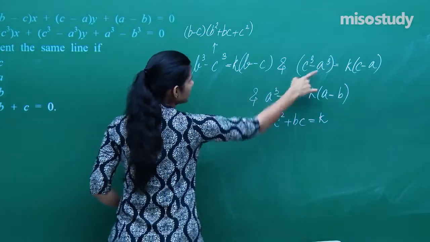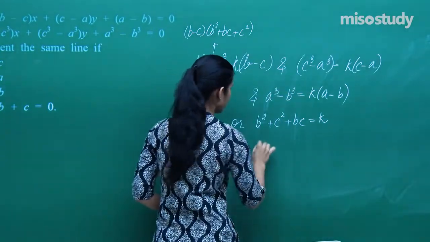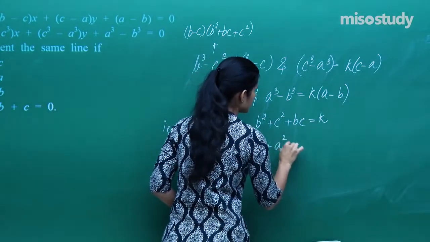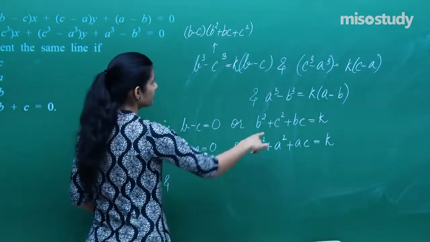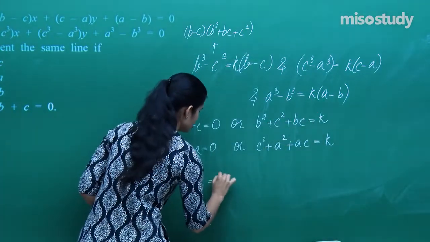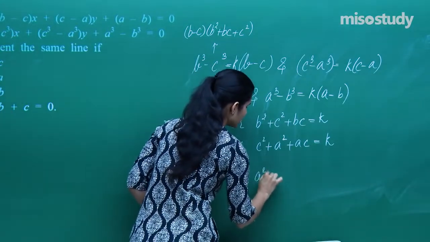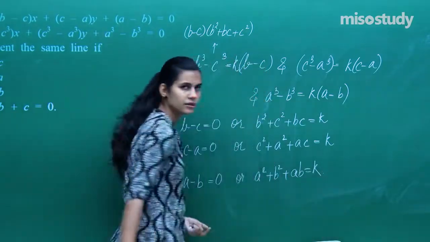Next thing is, similarly for this, either c minus a should be 0, or c square plus a square plus ac is k. And from the third also the exact same thing. Either a minus b should be 0, or a square plus b square plus ab should be k.